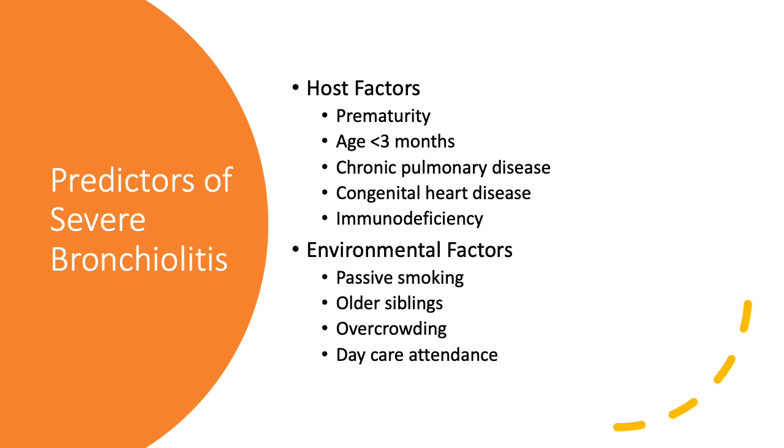Environmental factors which are predictors for severe bronchiolitis are passive smoking, older siblings at home who can act as a source for the younger infant, overcrowding at home, poor ventilation, and any history of daycare attendance by the infant, which again increases the chances of infection from some asymptomatic adult contact.